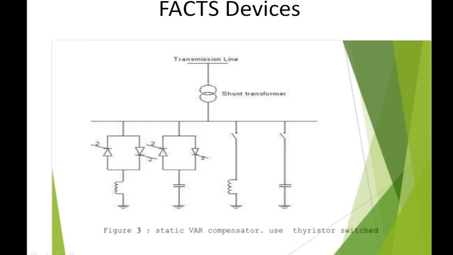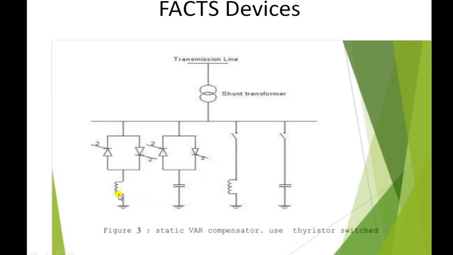With the help of this static VAR compensator, we are going to have control once again on the reactive power injection. Here we can see that the transmission line is connected at this end, and all the devices we have connected are in parallel with the transmission line, where we want to have control over the voltage.